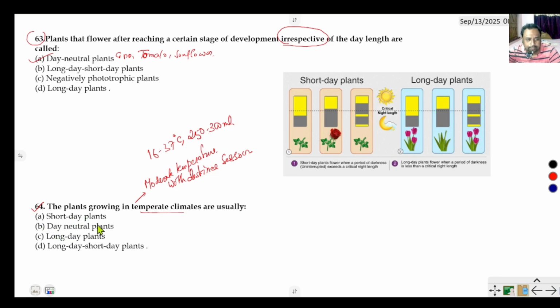The options are short day plant, day neutral plant, long day plant, and long day short day plant. The correct option is short day plant.